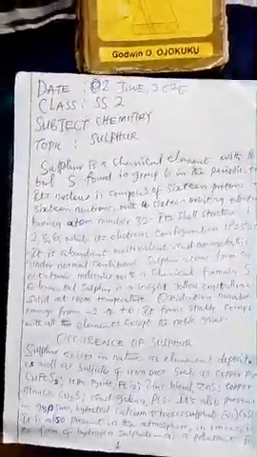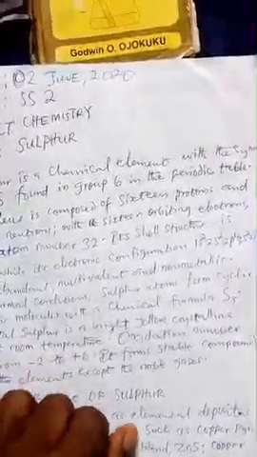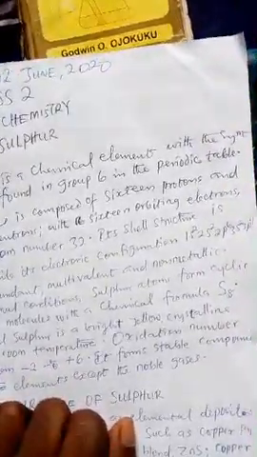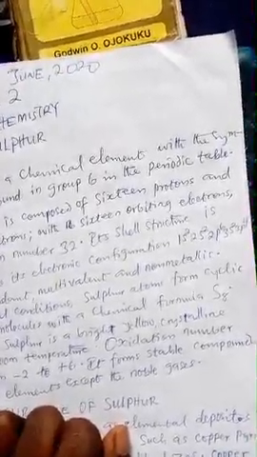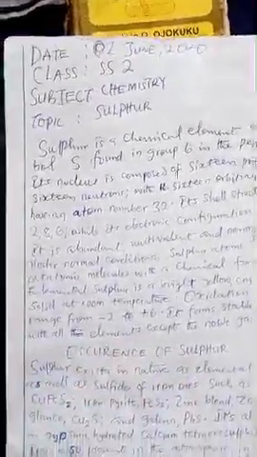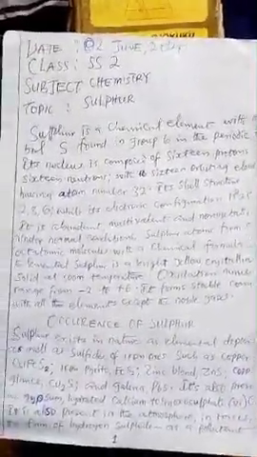Its electronic configuration is 1s2, 2s2, 2p6, 3s2, and 3p4. It is abundant, multivalent, and non-metallic.